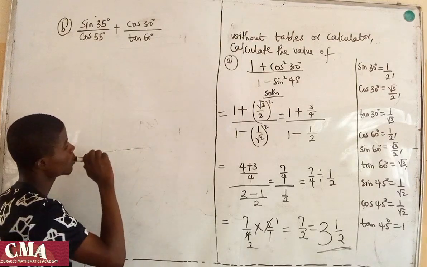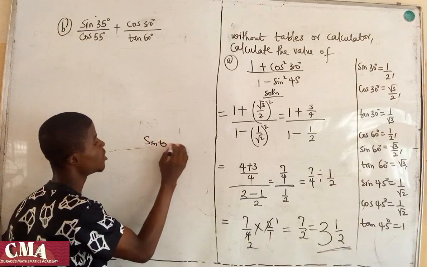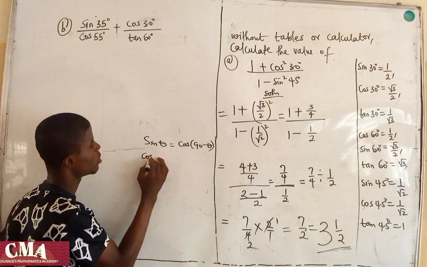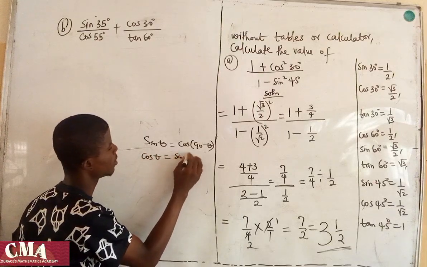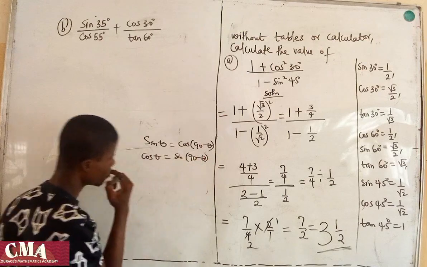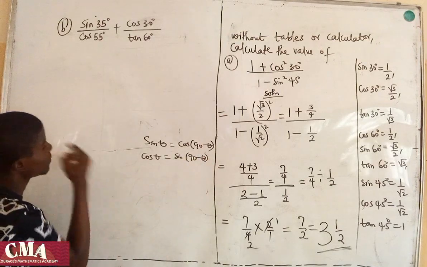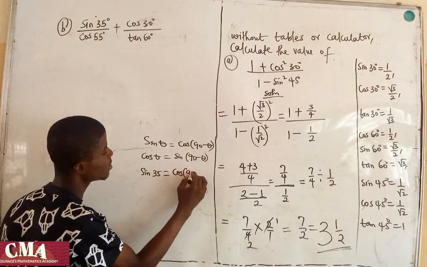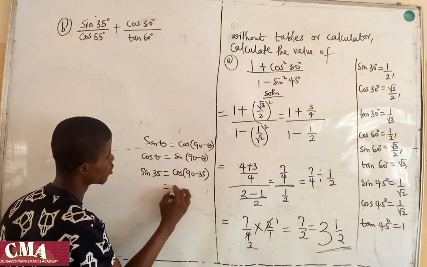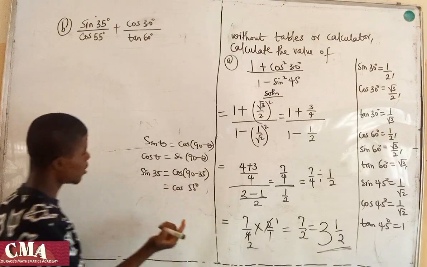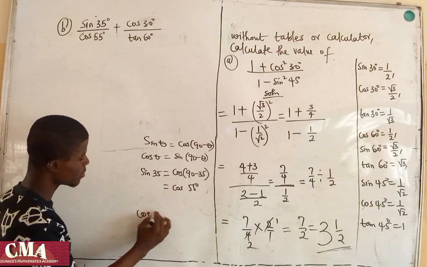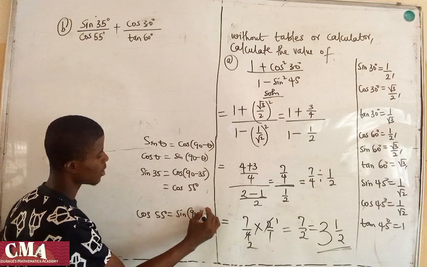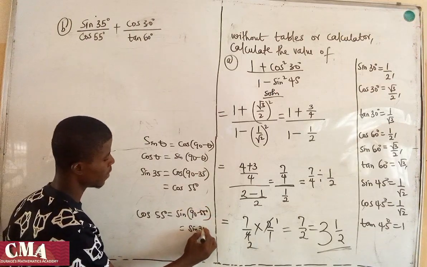In complementary angles, sin theta is equal to cos of 90 minus theta, and cos theta is equal to sin of 90 minus theta. So sin 35 is cos of 90 minus 35, and that will give us cos 55. And also cos 55 degrees is sin of 90 minus 55, and that will give us sin 35 degrees.